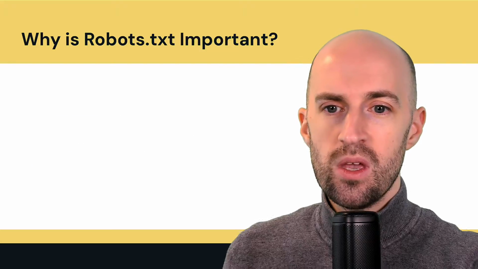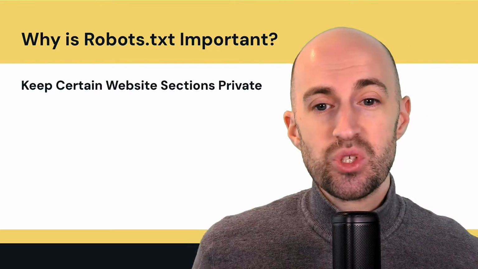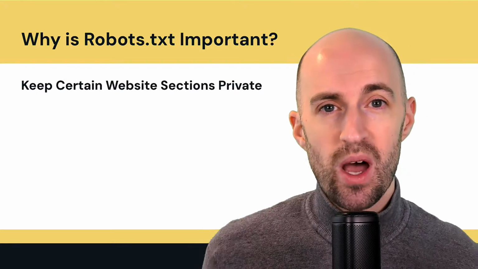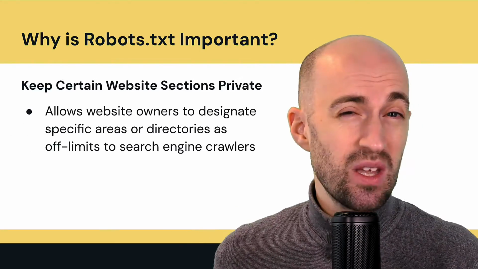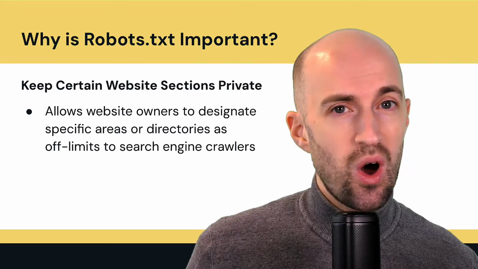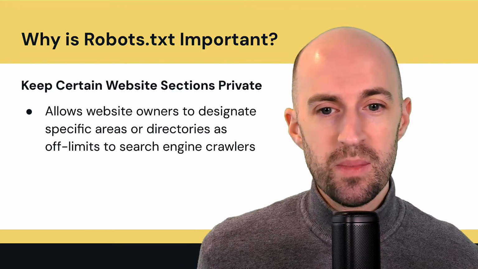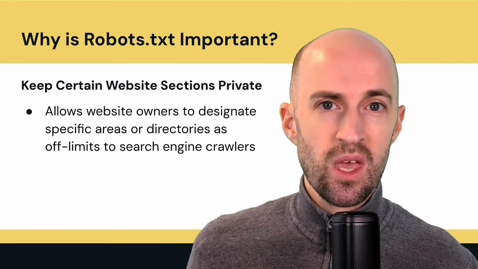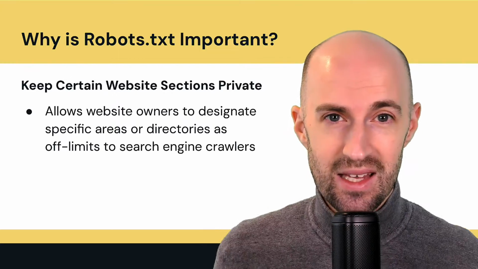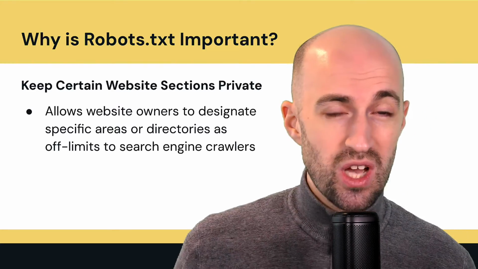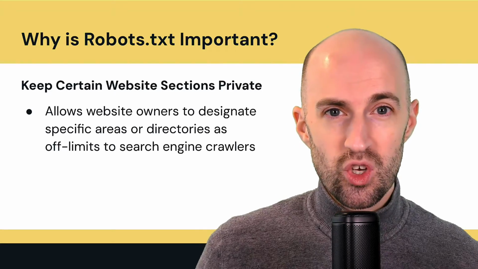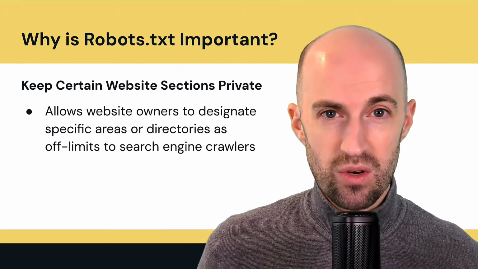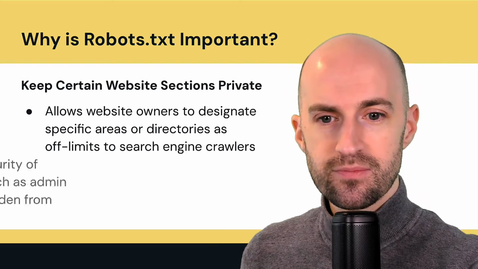Next, it keeps certain website sections private. It allows website owners to designate specific areas or directories on the website that are off limits to search engine crawlers. Now, this doesn't guarantee that search engines won't discover them another way, but it inhibits them from going there in the first place if they go to the robots.txt file.